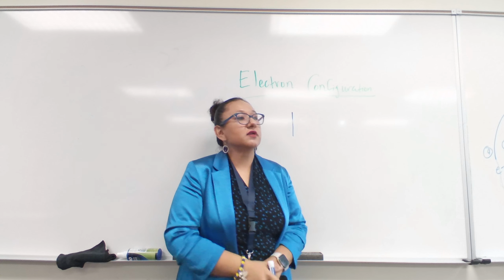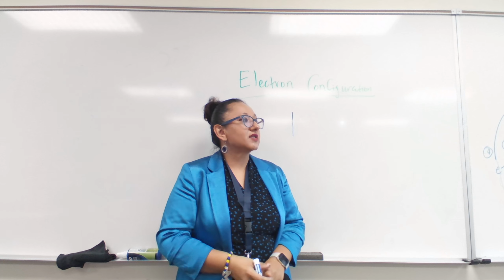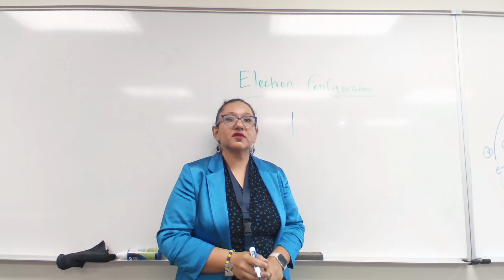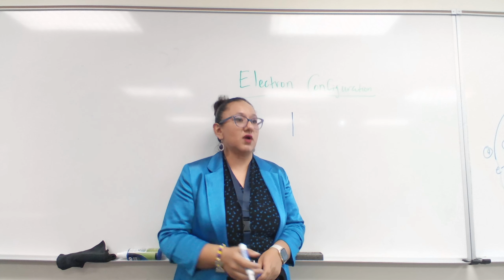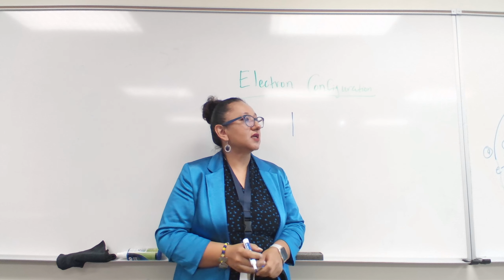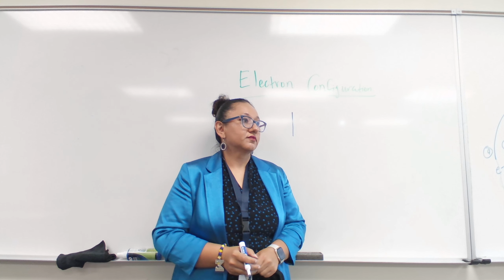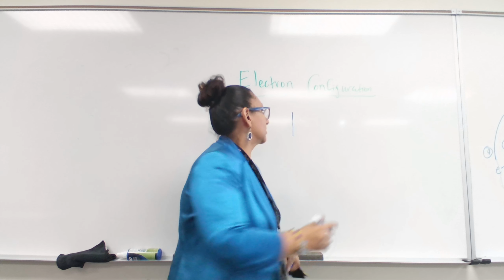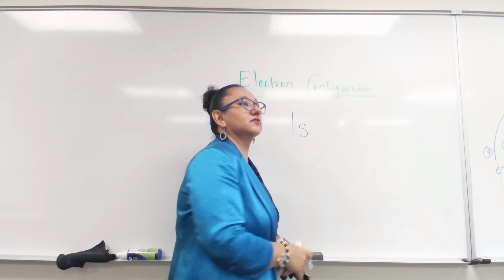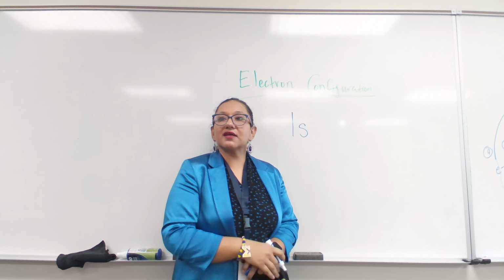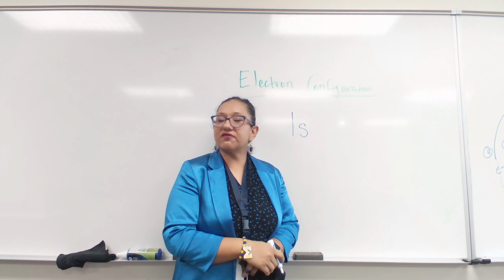Look at row 1 and tell me what available orbitals exist in row 1. S, P, D, F, all, none, how many? Just an S, right? And what's the maximum amount of electrons that fit in an S?